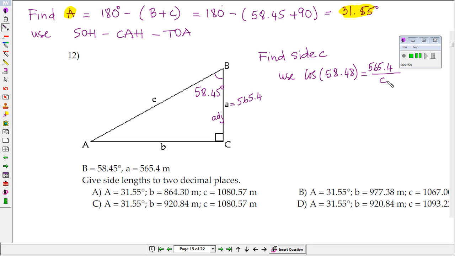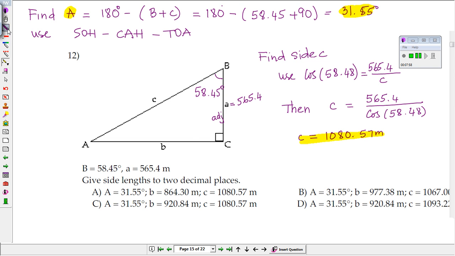In this case we do not know the hypotenuse, so we substitute the letter C. Then we need to solve for C. So C equals 565.4 divided by cosine of 58.45. Put them in your calculator, make sure you're in degree mode, and that will give you the hypotenuse C as 1080.57 meters.